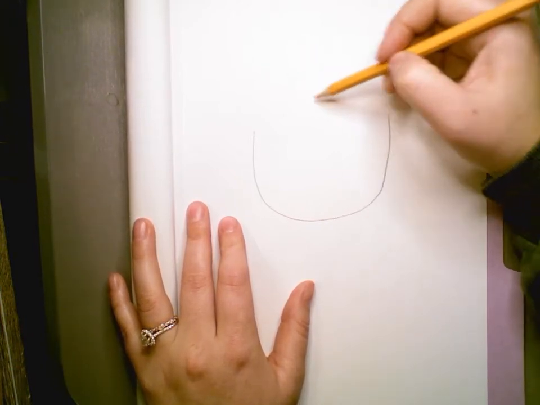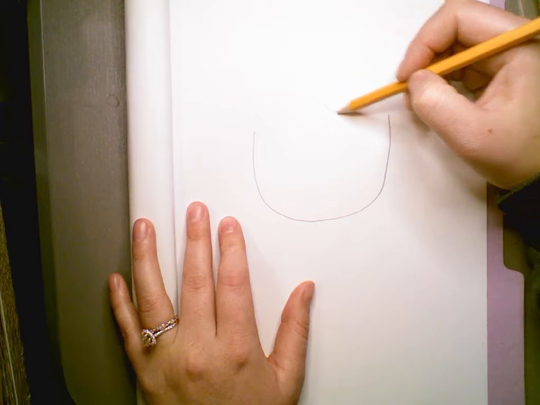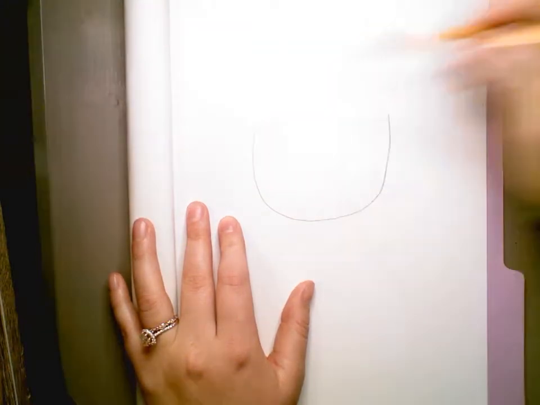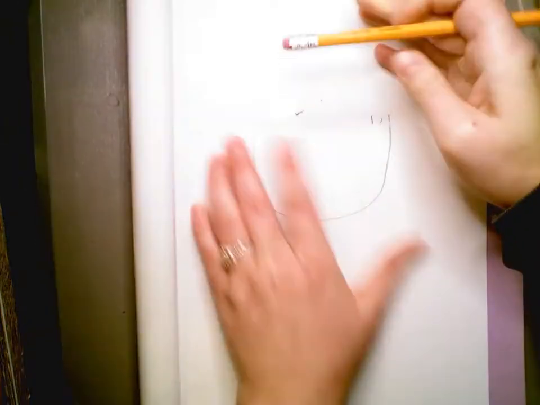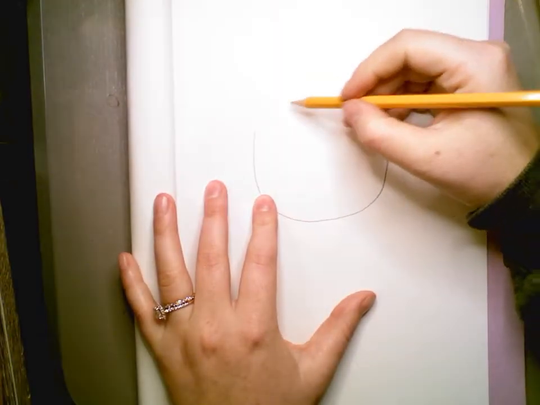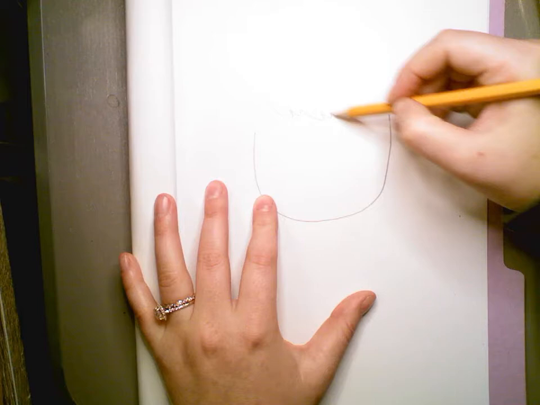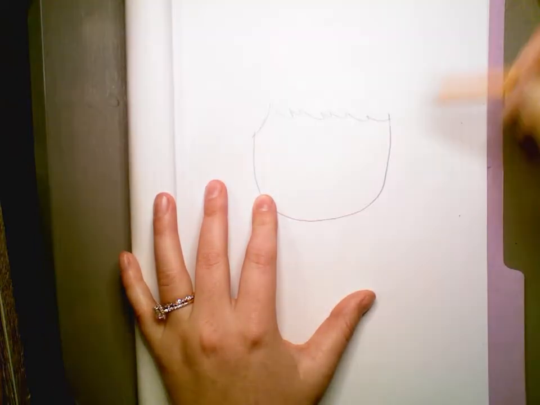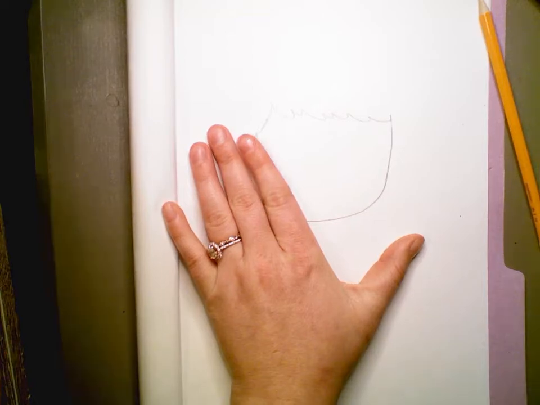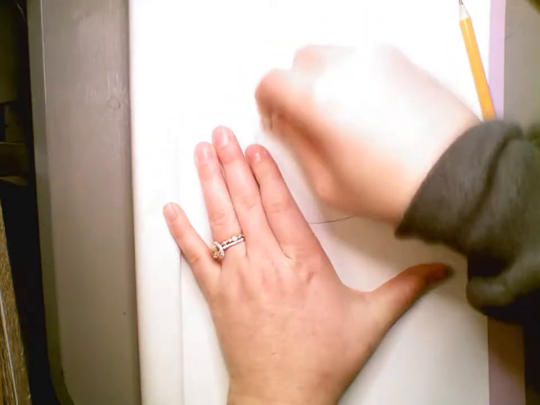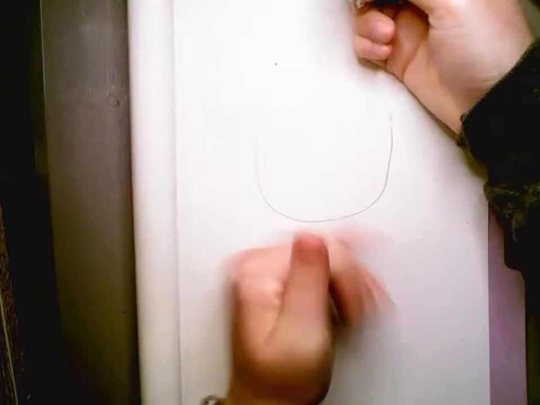So depending on what kind of hair you have, if you have hair that parts in the middle, if you have hair that comes down in front of your face, there are lots of different kinds of hairlines.